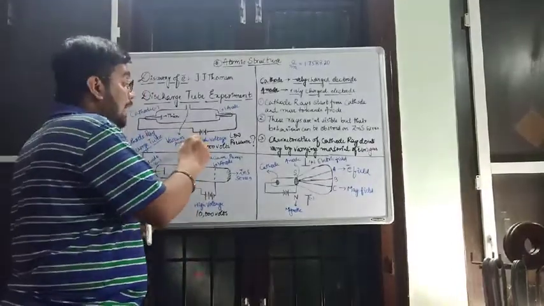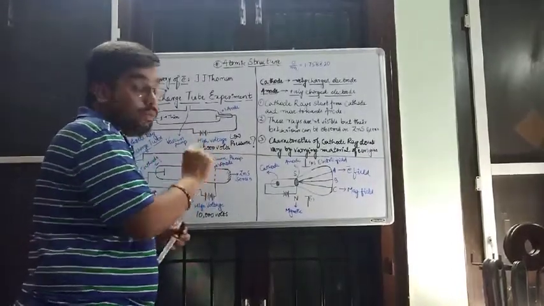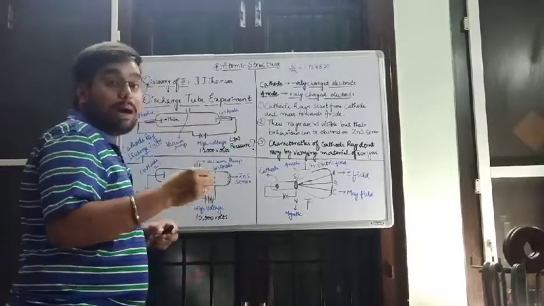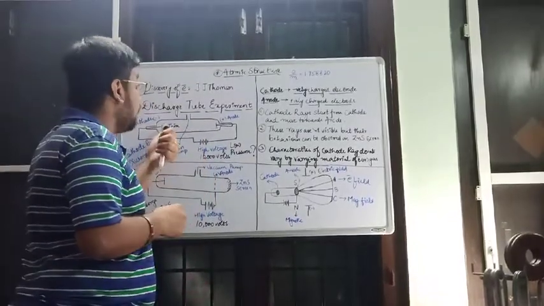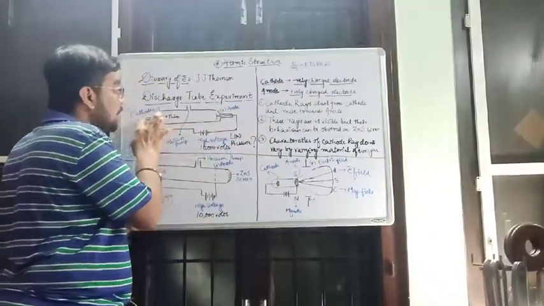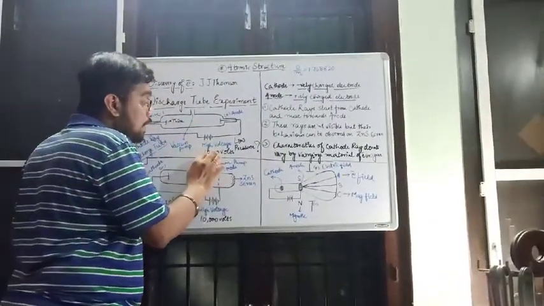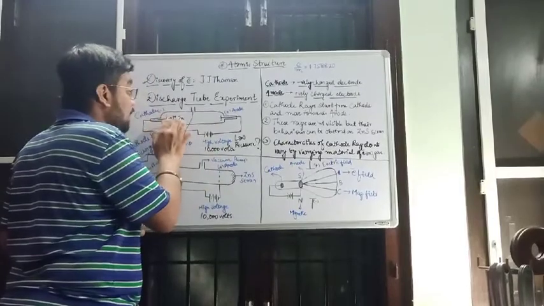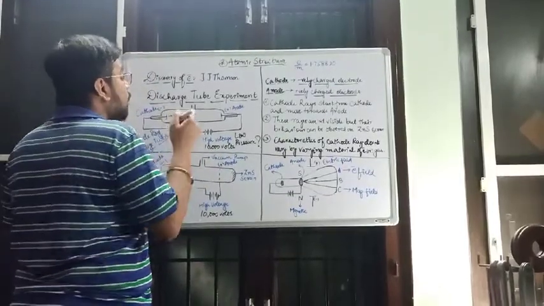There is a high electric discharge of nearly 10,000 volts in this partially evacuated cathode ray tube, from cathode to anode.